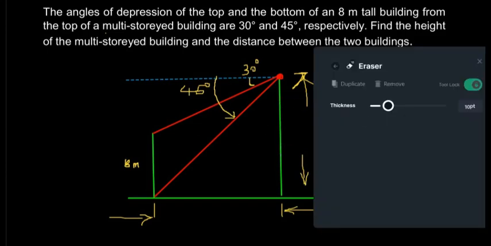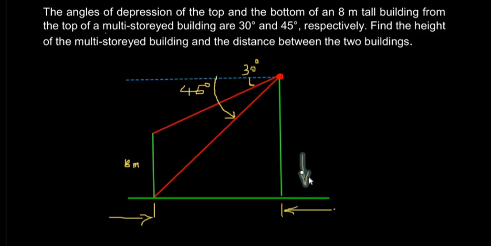What we are going to do here is make a right angle triangle, because that is what we need here, and that will be made with respect to a rectangle. From the top of the building I am going to draw a horizontal line, parallel to the ground.